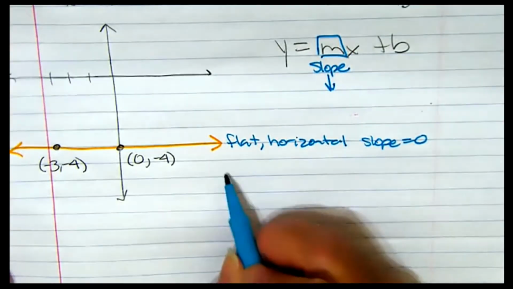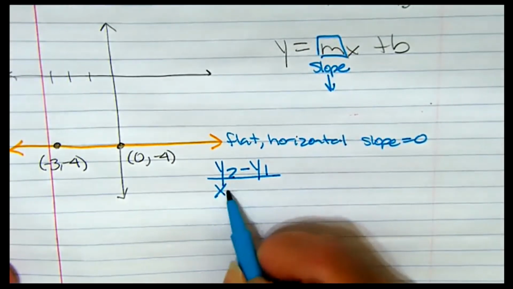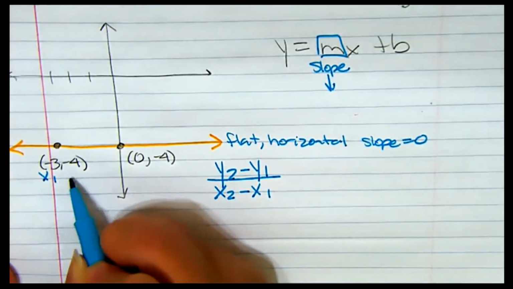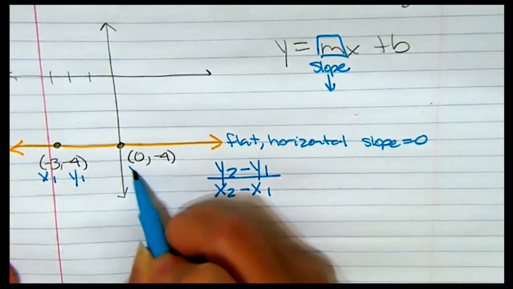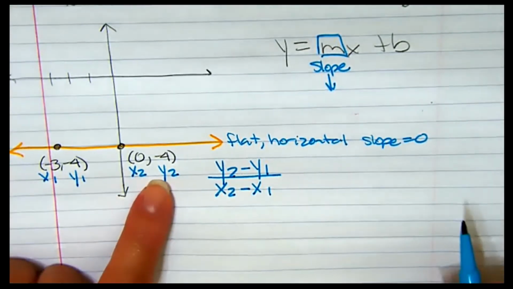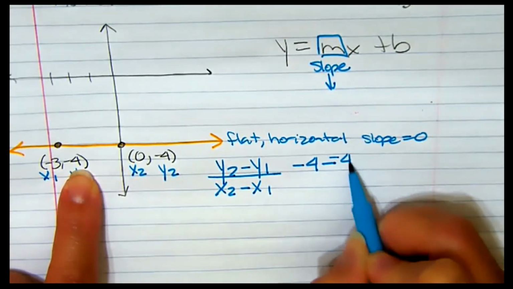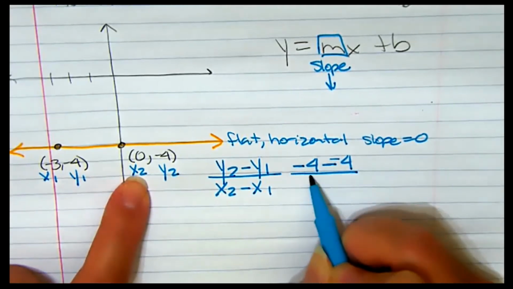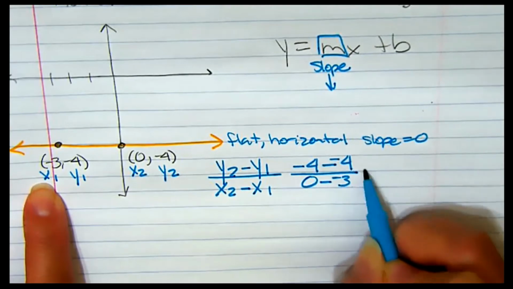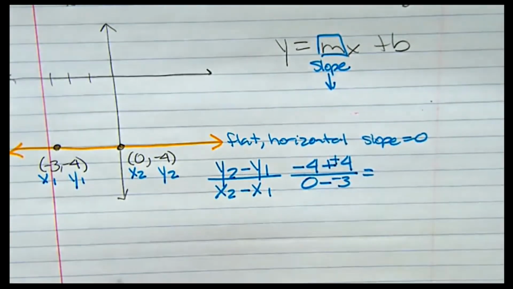But if I didn't remember that, I can use the formula: y2 minus y1 over x2 minus x1. Label my points. And now it's just a matter of substitution. -4 minus -4 over 0 minus -3. -4 minus a negative, that's positive.